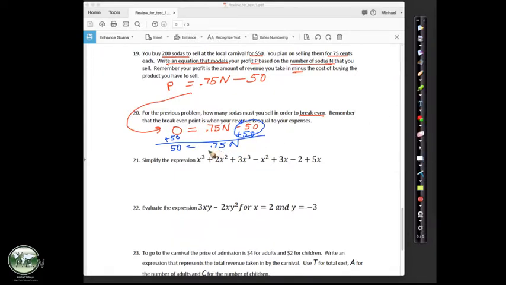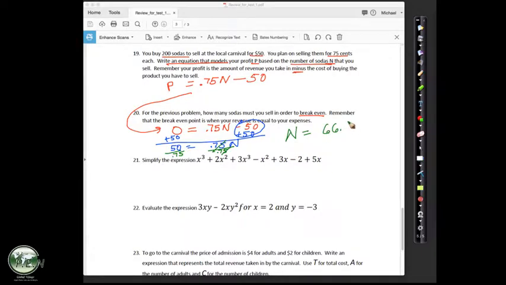Exactly. We're going to divide by 0.75 because that makes a 1n. These cancel. So what I do to one side, I do to the other. And I'll write my final answer. What's 50 divided by 0.75? It's like 66 point something, 66.6666.